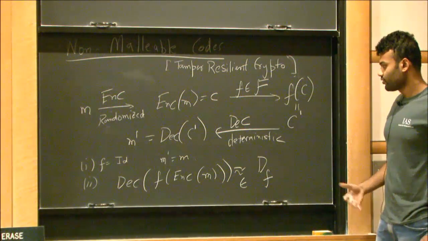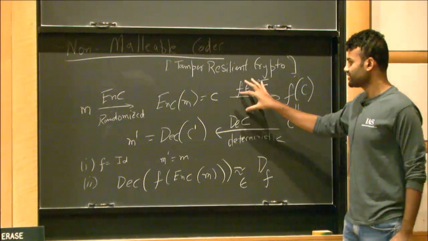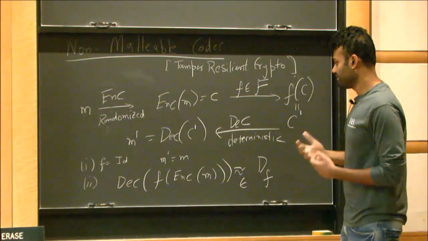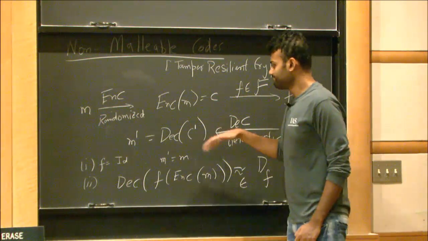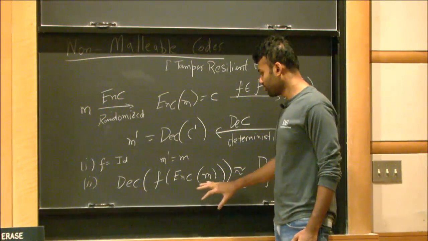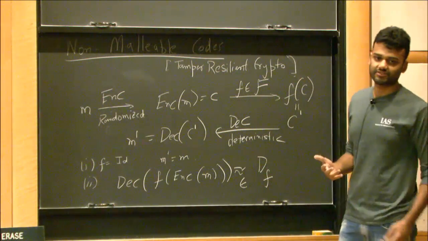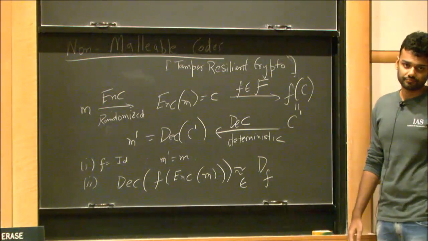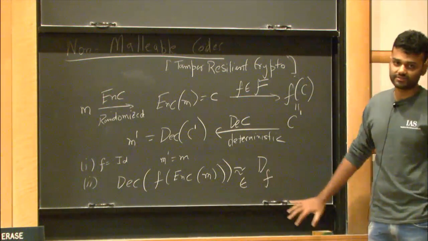So what it's saying is that there's no adversary which can fool this system into decoding some message of its choice. So df is some independent distribution.